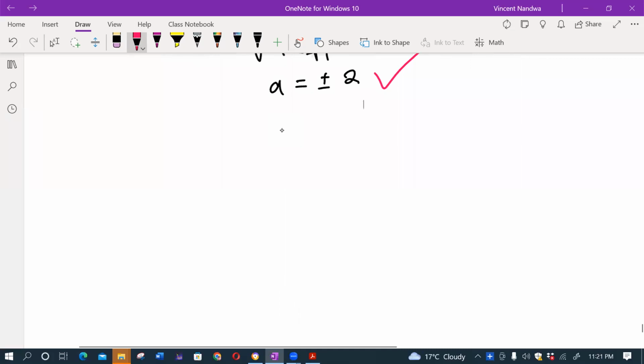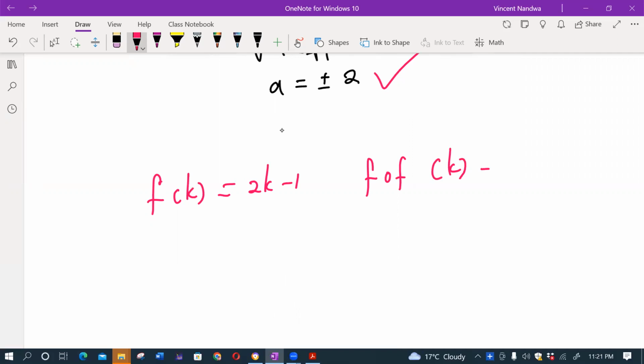And then the next one, f of k is given by 2k minus 1. And the claim is that f composed with f at k is given by 5.